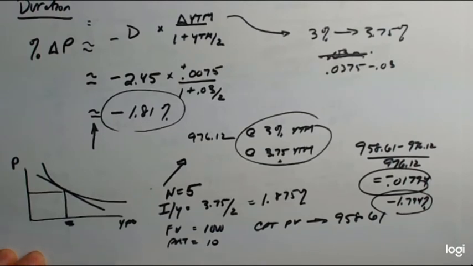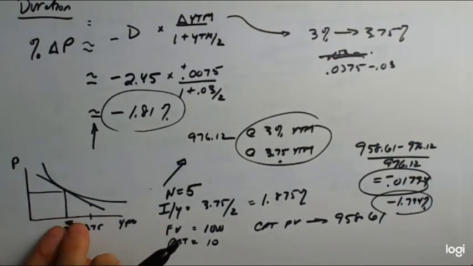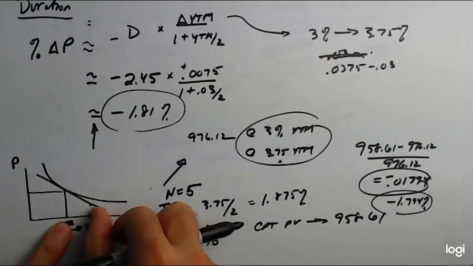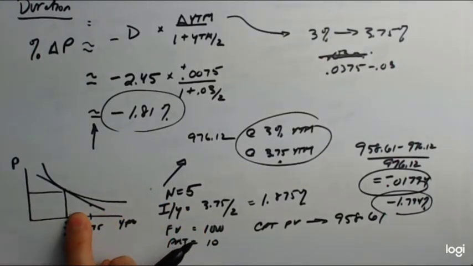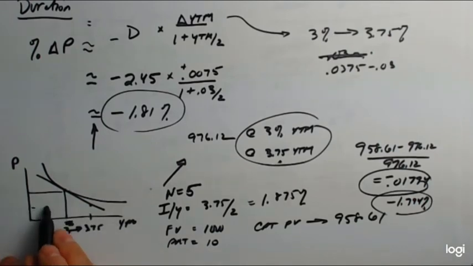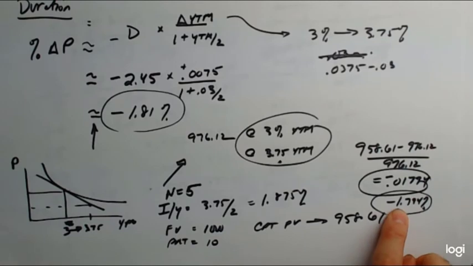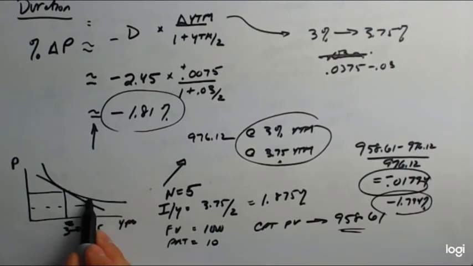So we went from 3 to, let's exaggerate here, 3.75. Let's say a 75 basis point jump is this big jump right here. Can you see that, the width of my finger? And so here we have a drop of minus 1.794%. That translates into 958 right here.